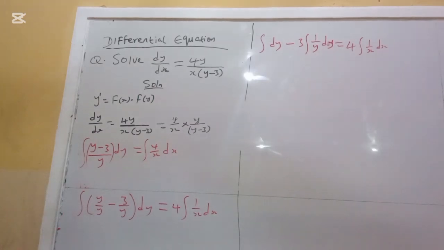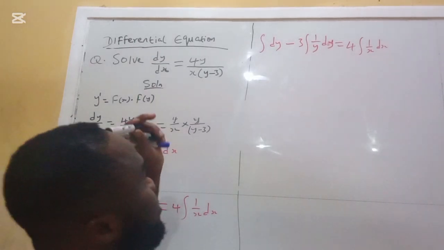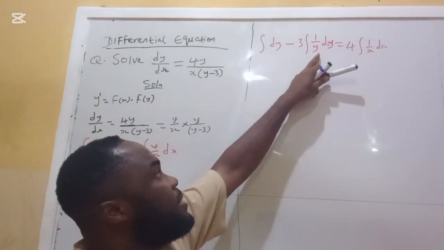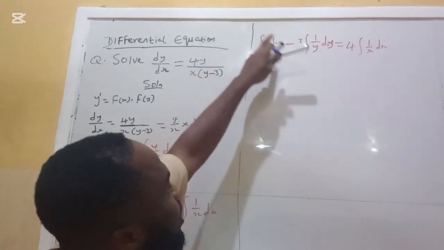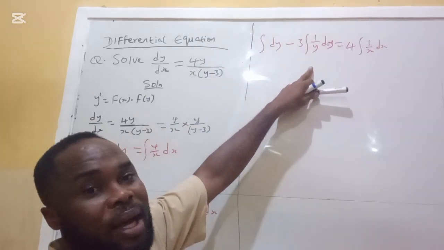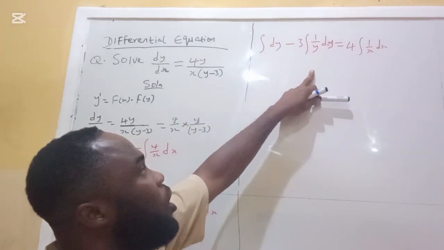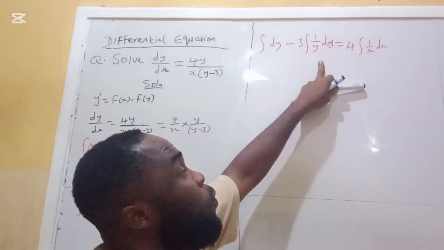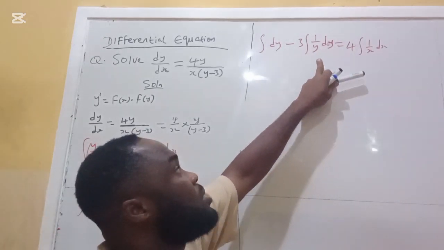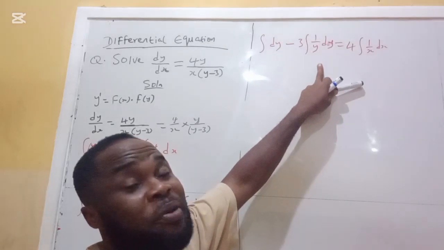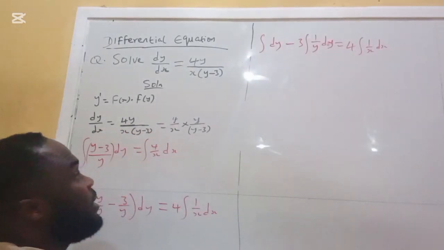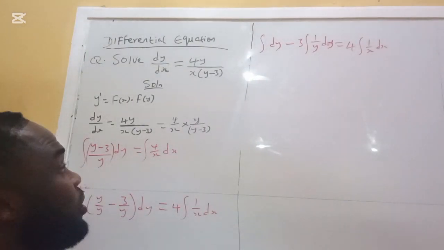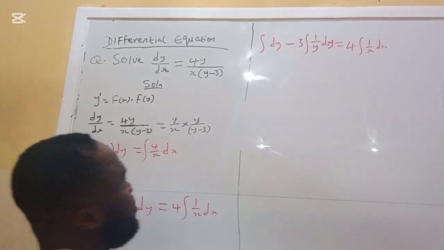Now, of course, you remember from your differentiation that when you differentiate ln x, or when you differentiate ln y, it will give you 1 over y. The same thing, once you integrate 1 over y, it will give you back ln y, because integration is just the reverse of differentiation.